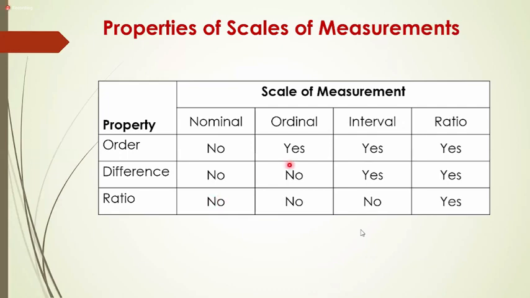If it is ordinal, then only order is meaningful, the other 2 are not. If it is interval, order and difference are meaningful, ratio is not. And if it is ratio, then the order, difference, and ratio properties are all meaningful. So this is the method of identifying what type of scale the measurements have, right?